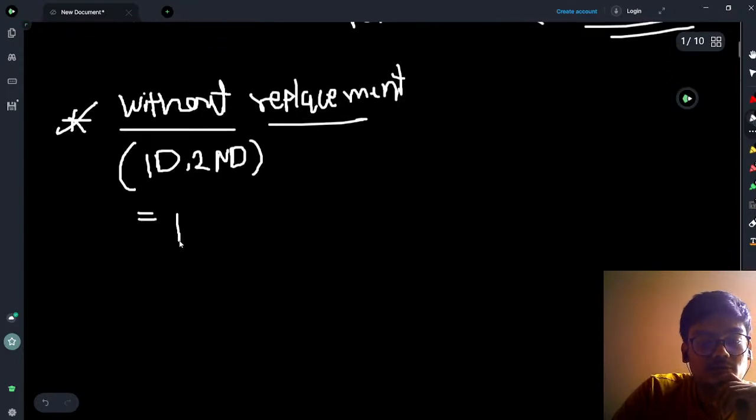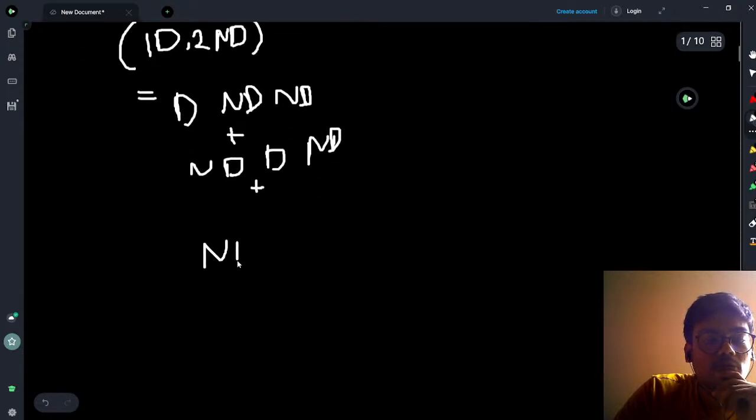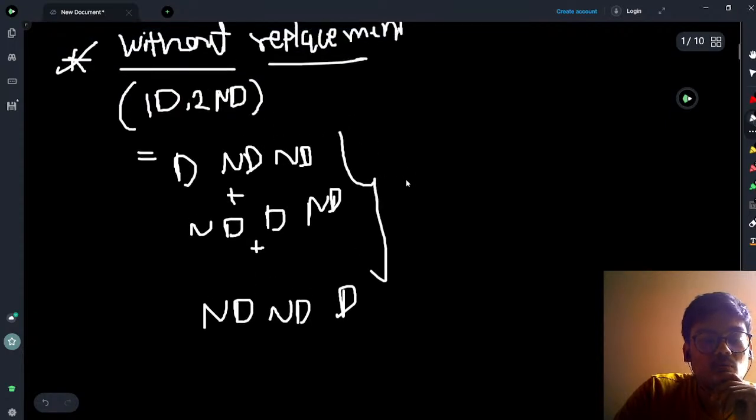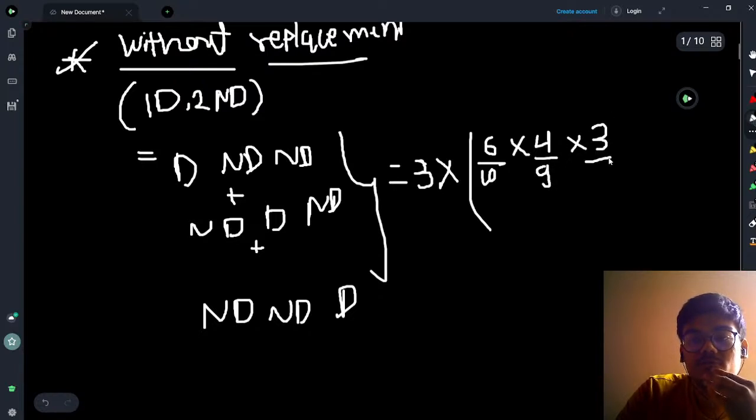So we have three cases possible: D, ND, ND plus ND, D, ND plus ND, ND, D. Now this is equal to 3 into 6 over 10, as I told you earlier non-damaged are 4, but we have 9, and then 3 non-damaged over 8.